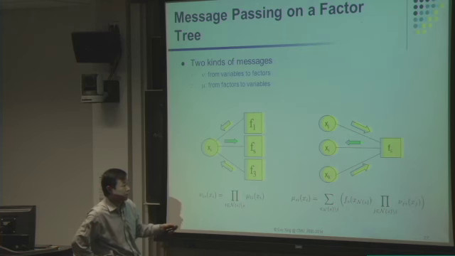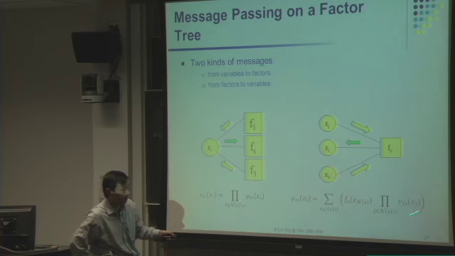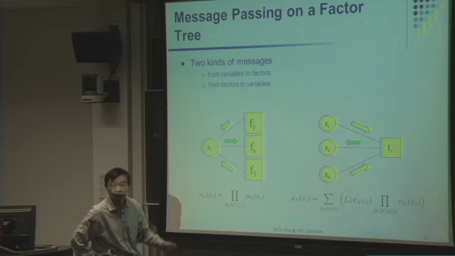And then here we define also the message from the factors to a variable. Same thing, they're going to be composed by multiplying all the messages coming from each of the variables in here, plus the potential functions defined on this factor, which is this guy.